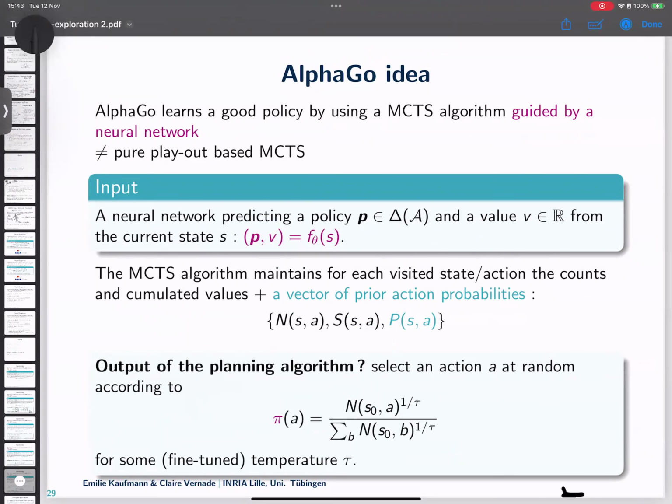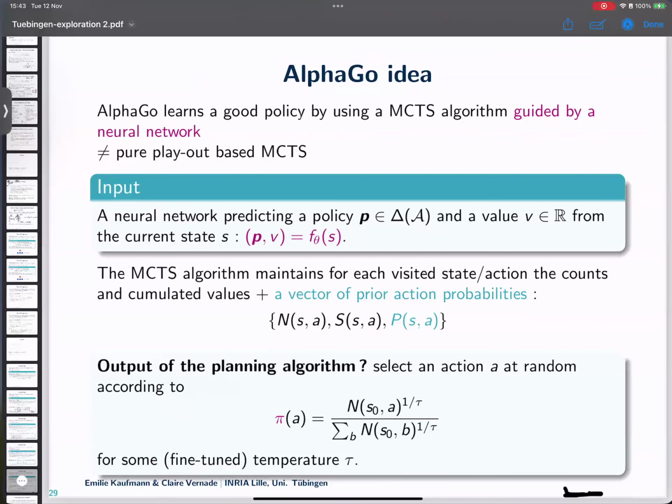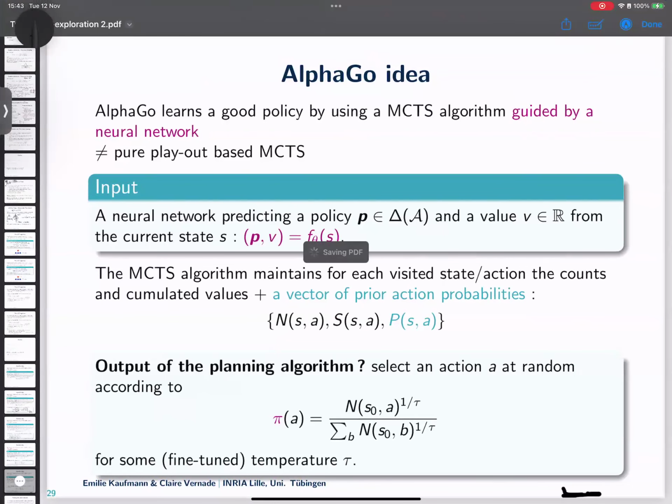They sample the next action through a distribution that is parameterized by a very fine-tuned temperature tau. So eventually, you sample from some sort of distribution over the actions that you've estimated from your tree traversing selection function.